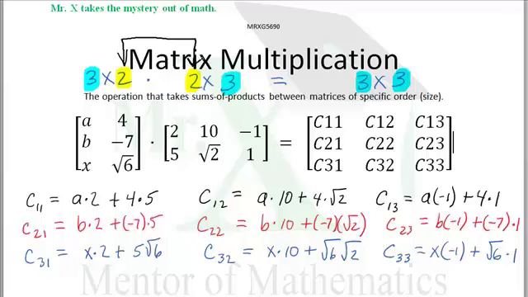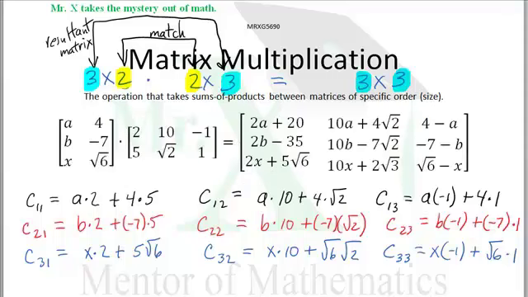These numbers must match, and then this will be the order of your resultant matrix, the one that results from multiplication. If you don't have the same number of columns in the first matrix as you have rows in the second matrix, then you cannot multiply matrices. That's how it works.